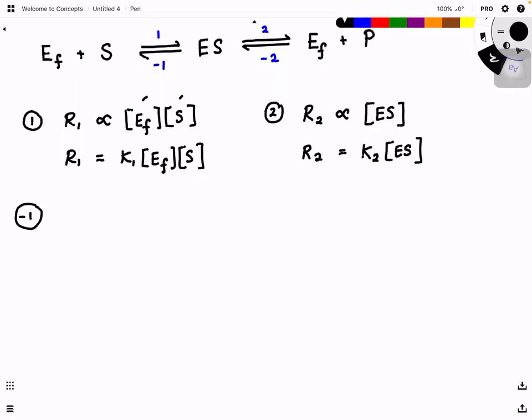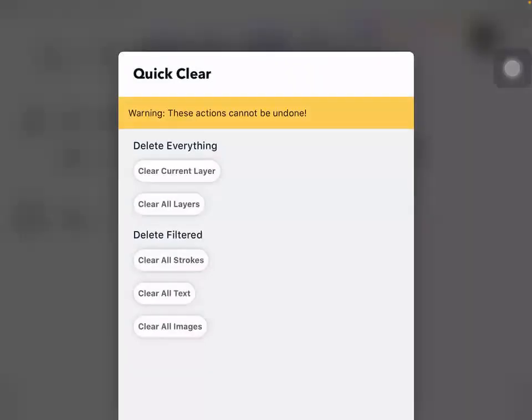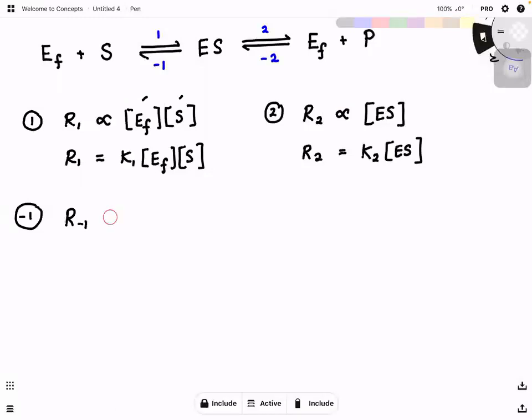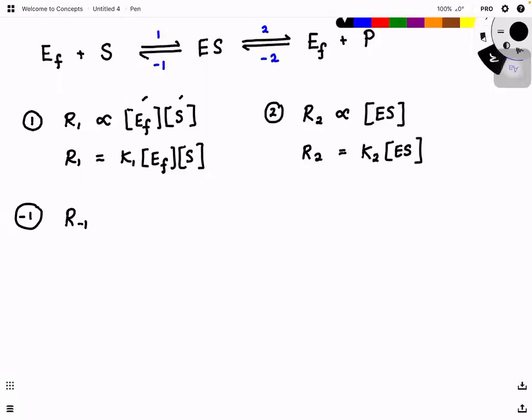Rate for -1 is actually not equal, but proportional to how fast I can break down the ES complex to form back substrate and free enzyme, which also depends on the ES concentration. So therefore, rate -1 equals K, the rate constant for -1, multiplied with the ES complex.